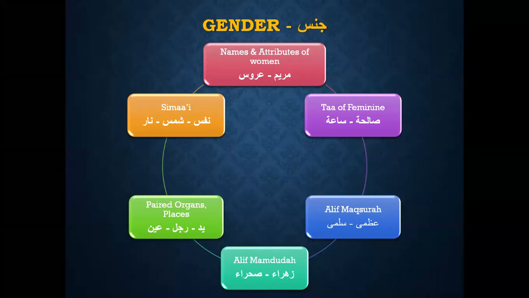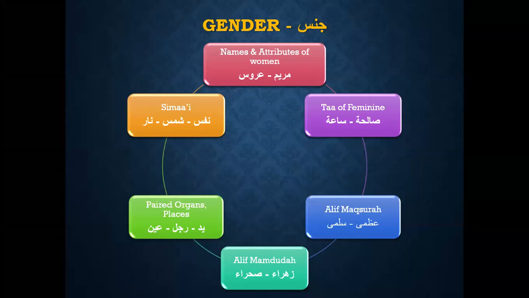Then the body parts in pair, like yadun, hand, rijlun, feet, aynun, eye. They are in pairs, hence they are feminine. Likewise, places: Makkah, Hind, Pakistan, Misr, they are all feminine words. Tribe name, Quraysh.